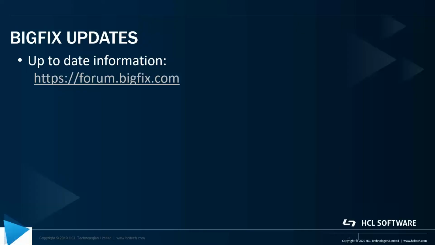In order to keep up to date on all the latest developments with Log4j, please ensure you visit forum.bigfix.com. Needless to say, this is a rapidly evolving issue, and whilst our initial content is focused on finding Log4j files, this is by no means the definitive solution. The current solution I have demonstrated for the BigFix platform with a task and analysis works by identifying files found with the Log4j name, as well as performing a checksum on these files for known types.